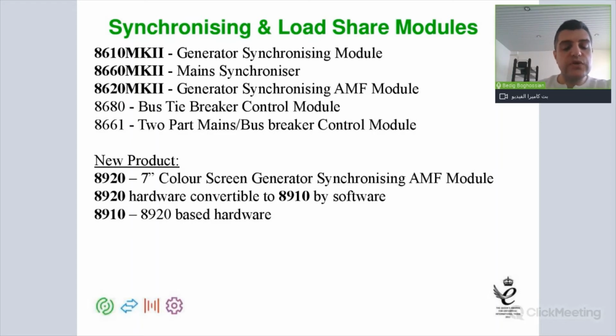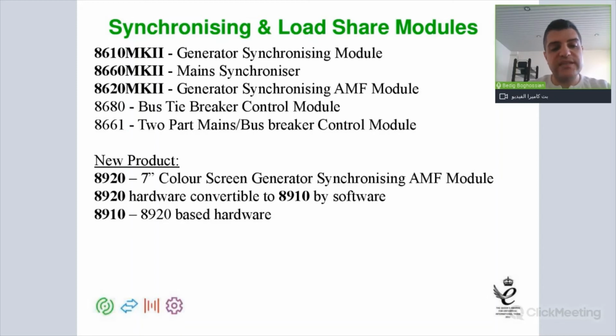We also got new controllers. It's a single unit, the 8920. It's a new controller. It has a 7-inch color screen display with graphical representation, and the 8920 can be converted to an 8910.